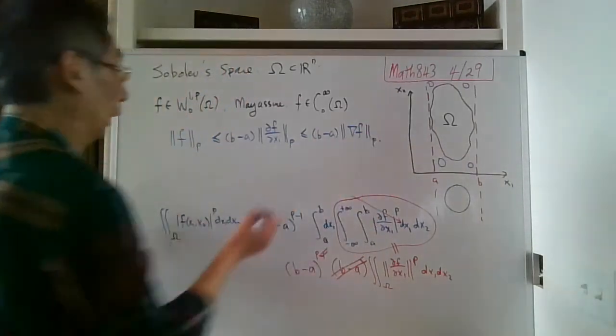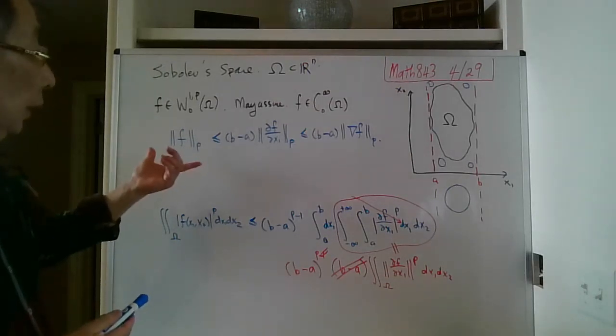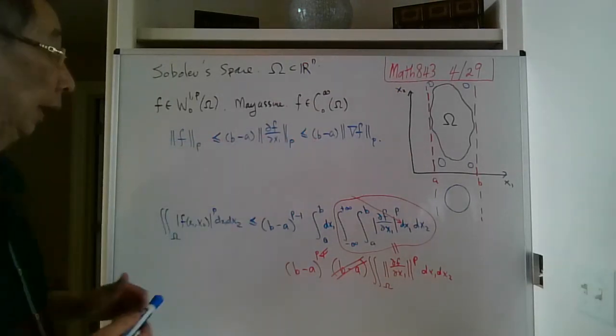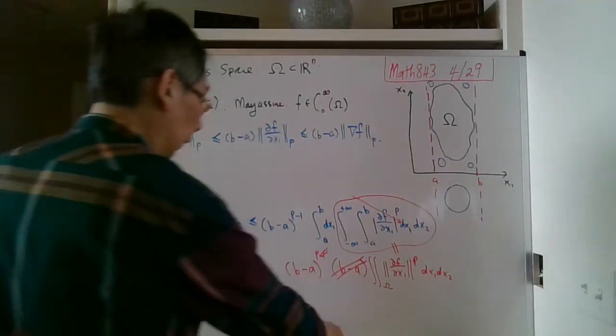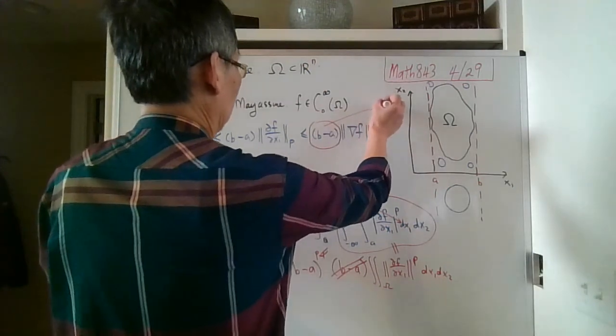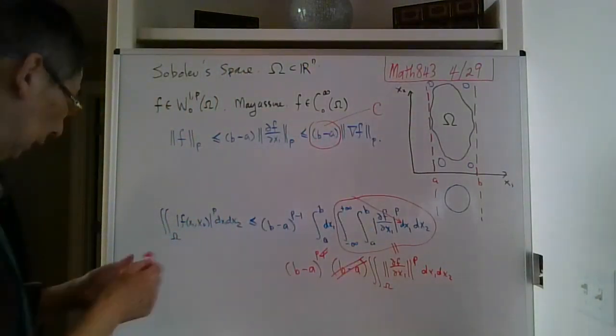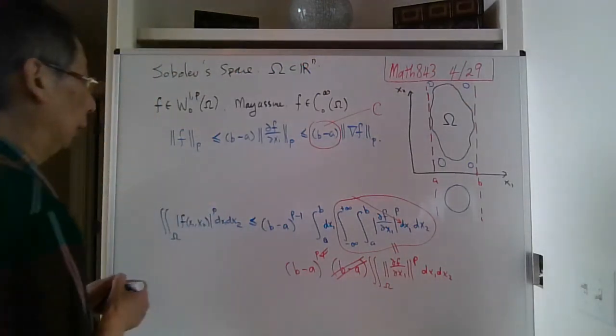So you can see that for any function in C0 infinity, I established this result. And this is our constant here. In this case, the constant is very simple. Okay. So finally, you can use the limiting process.